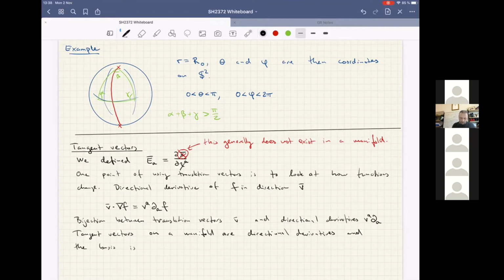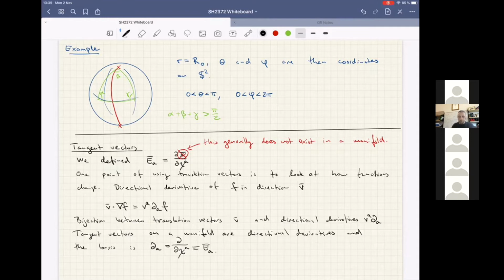So I'm going to write that just as ∂_A, the partial derivative with respect to the coordinate chi A. So those are going to act as our tangent vector basis. I'm also going to write this sometimes just as we did before as E_A.